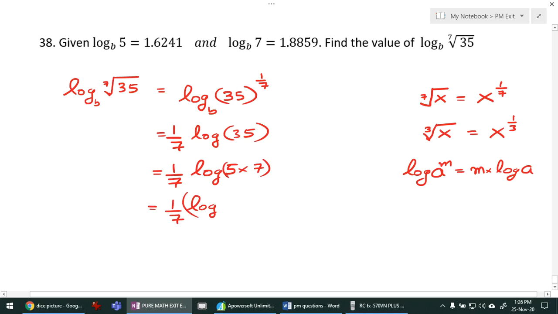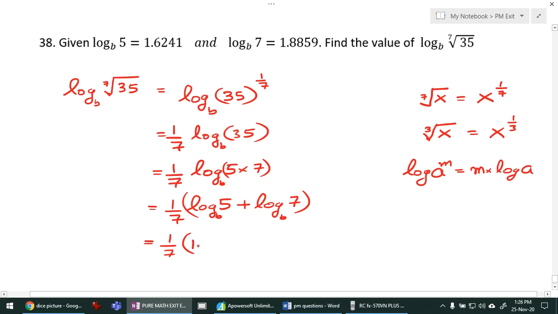We know that log of a into b is log a plus log b. So here we have base b in each. So log 5 plus log 7 equals 1/7 into, we know the value of log 5. What is that? 1.6241.